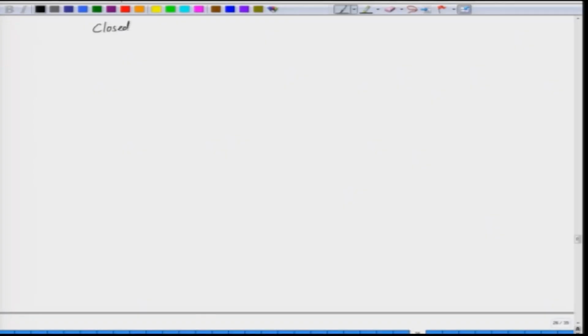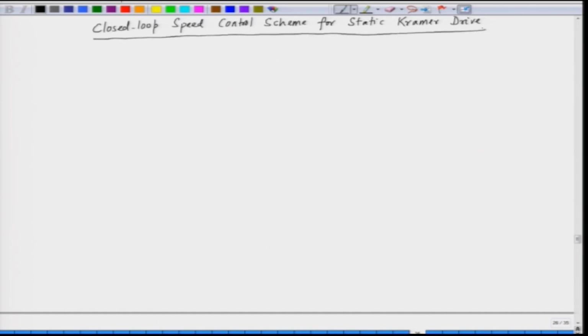Let us now draw a closed loop speed control scheme for the static Kramer drive. Now, here the speed is less than the synchronous speed.